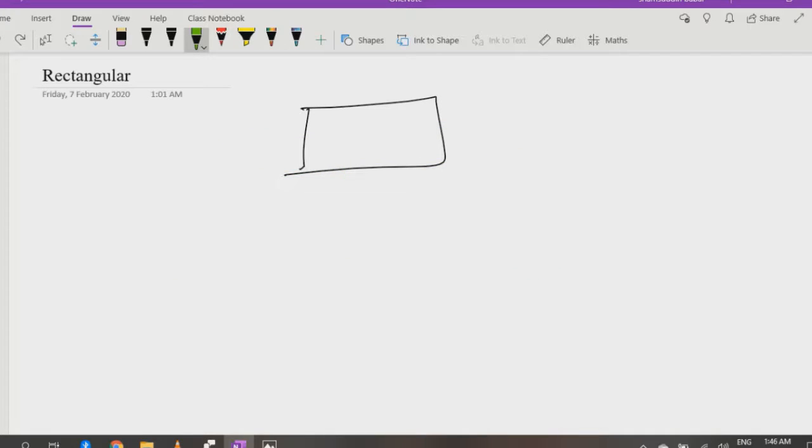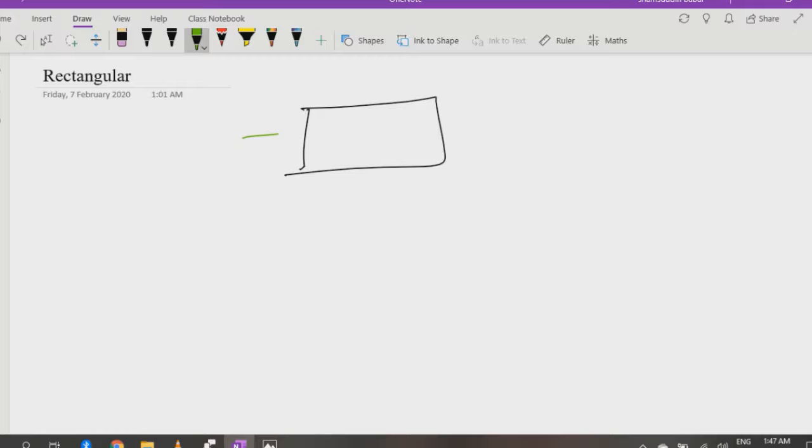So for a rectangular section, the moment of inertia with respect to this axis, and we have already learned center of gravity in the previous lectures of strength of materials.